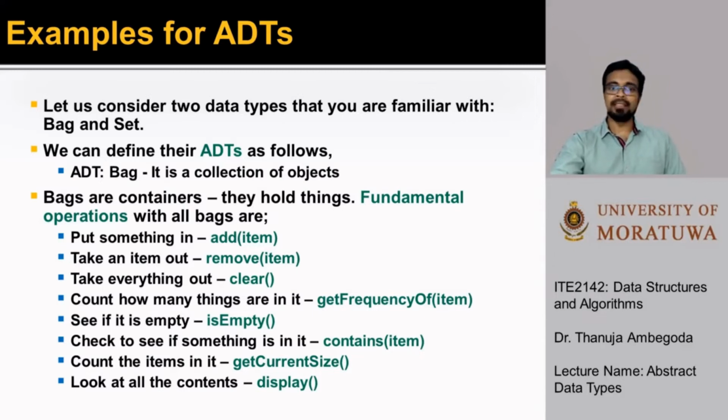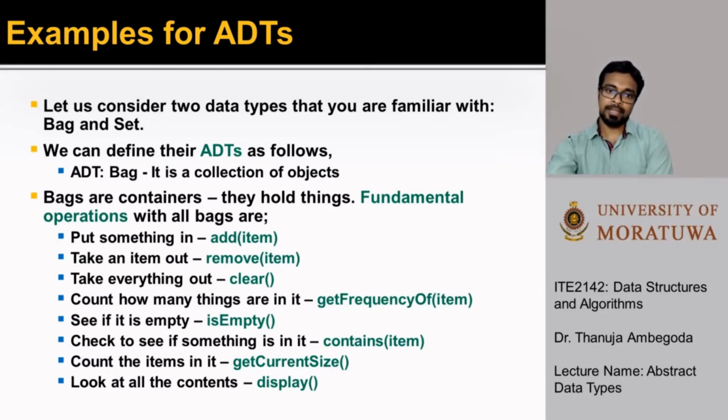So you have the add operation. You can add an item. You can put something in the bag with add item. Then you have remove item. Item is again the argument. It's an object. So you can remove an item from the bag, take an item out. You could clear the whole bag by calling the clear method. Then you could count how many things are in the bag currently using get frequency of item.